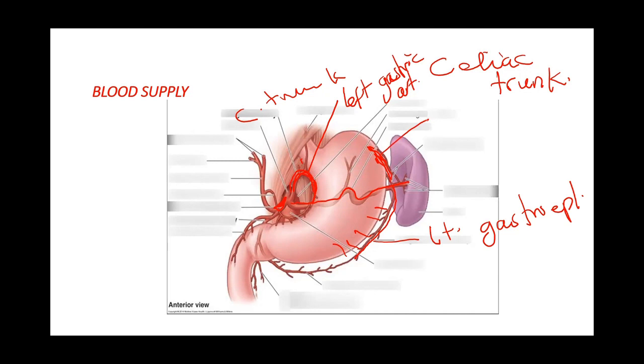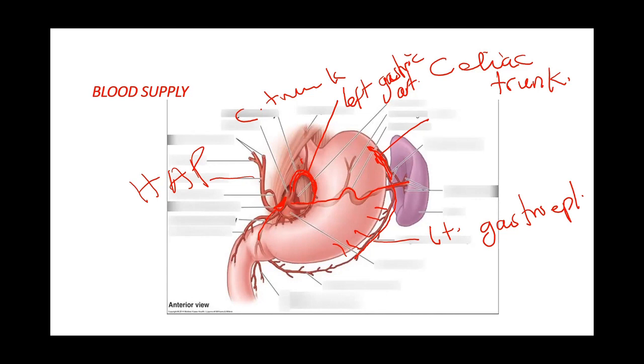The hepatic artery. The hepatic artery divides into the hepatic artery proper and the gastroduodenal artery.